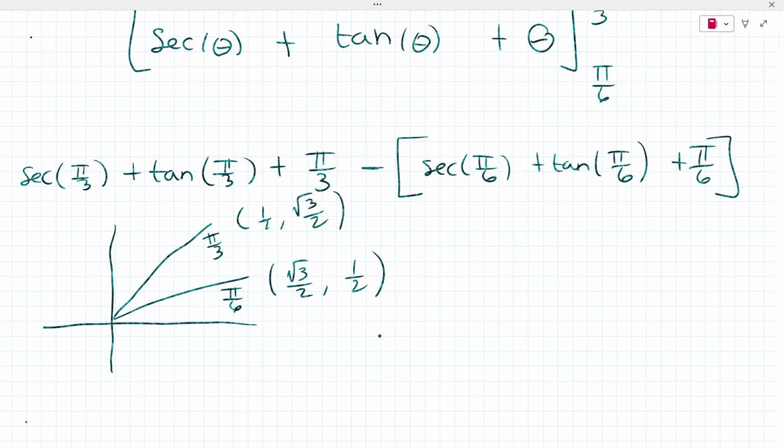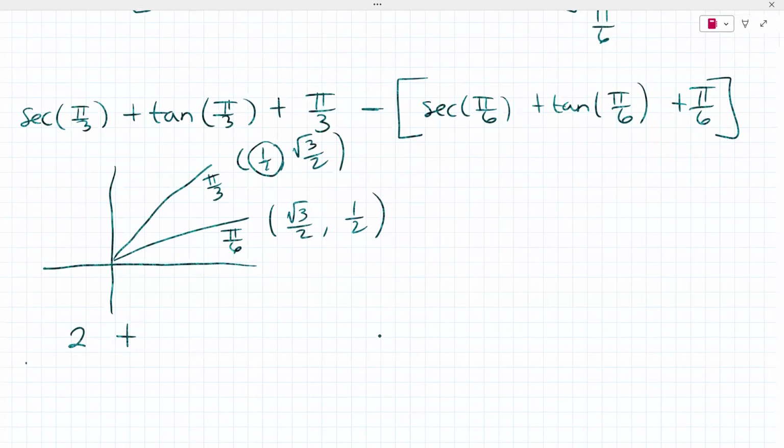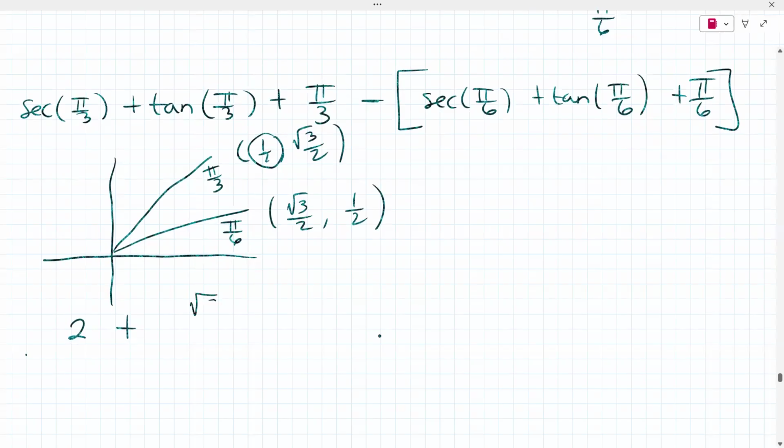So the secant is the reciprocal of cosine. So secant of pi over 3, it's the reciprocal of cosine. So if cosine is 1/2, the reciprocal of that would be 2. Plus tan of pi over 3, the tan is the y over x. So that's radical 3 over 2 over 1/2.